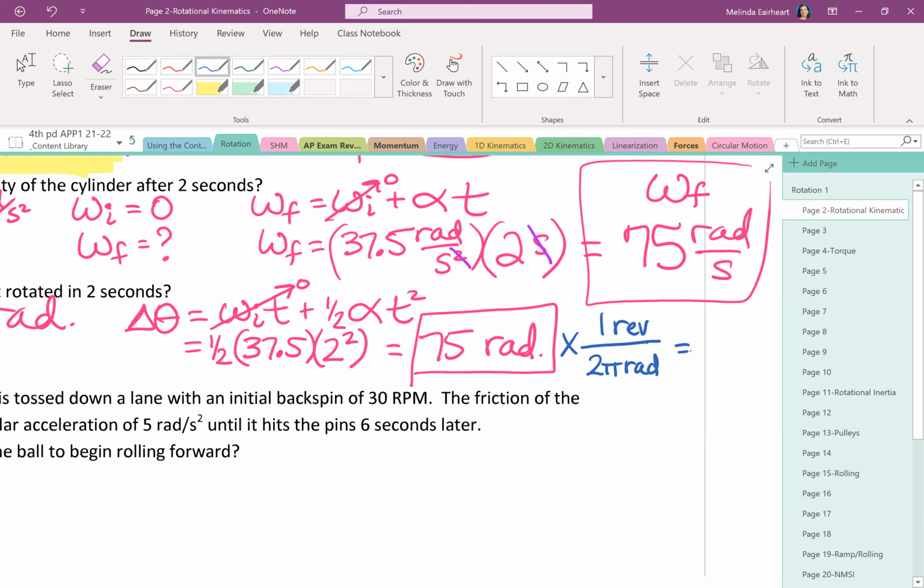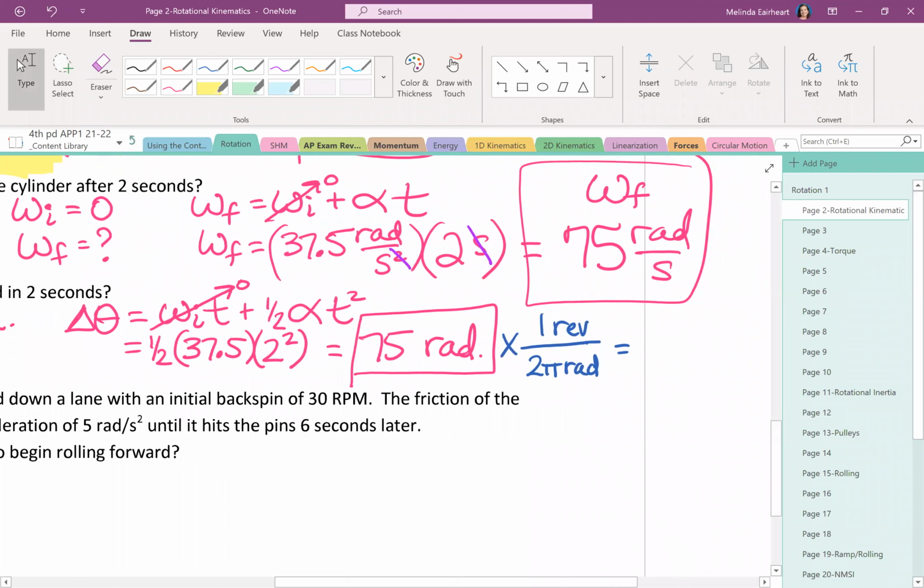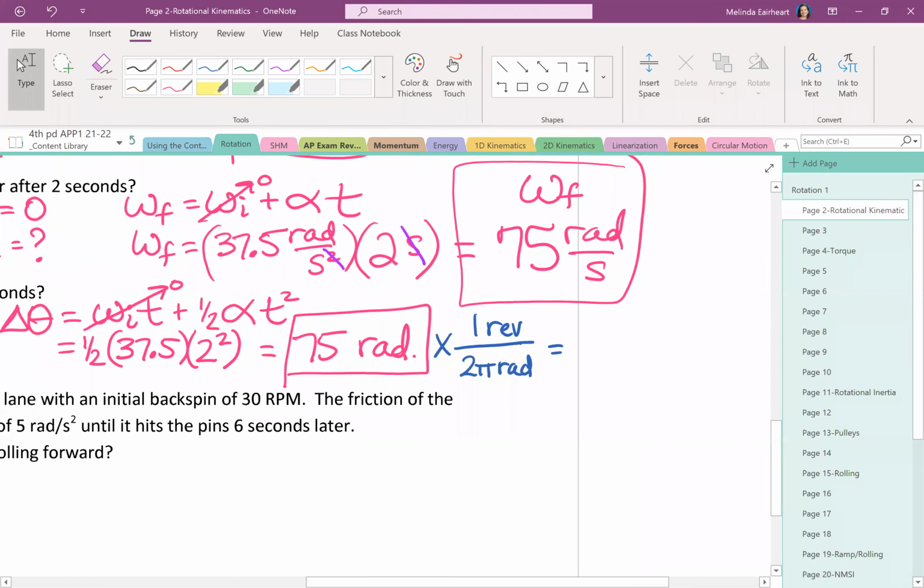Do I need parentheses around 2 pi or not? Or just multiply in your head. So how many circles or revolutions does this cylinder pulley system make? It's so close, just round it. 12, right? 11.9 something. And so we'll say about 12 rotations or revolutions.